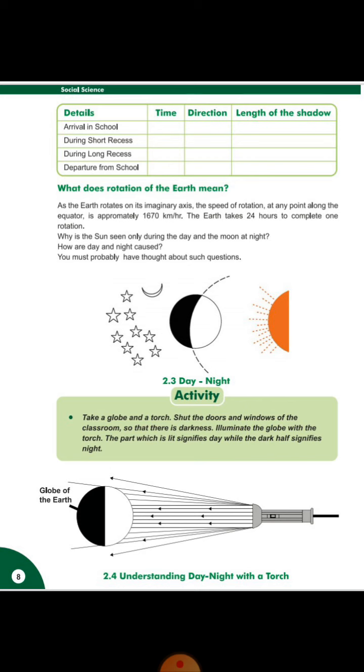Third, one rotation takes 24 hours, which means 1 day. Fourth, the result or impact of rotation is the changing of day and night. These 4 points are important, so just underline them in the textbook.